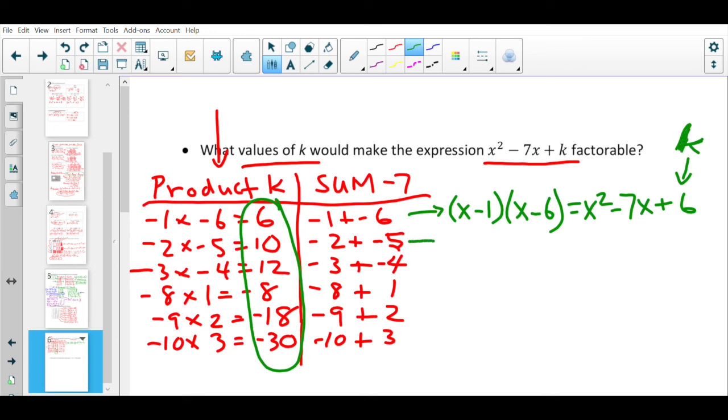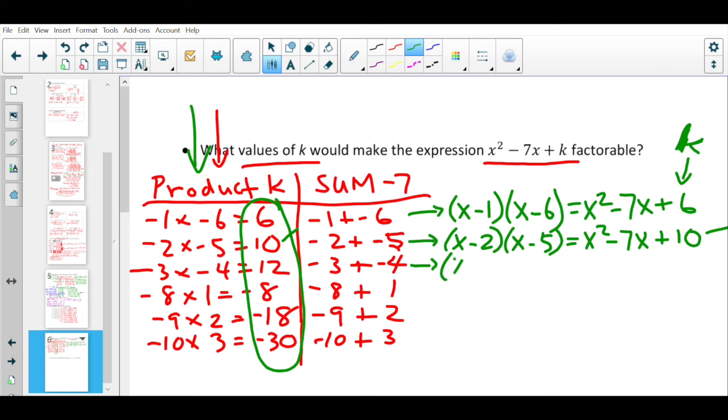Okay, this one, x minus 2, x minus 5. So we're looking at the product of k, right? x minus 2 times x minus 5 equals x squared minus 7x plus 10. So you see your k value here is 10, and your k value here is 10.